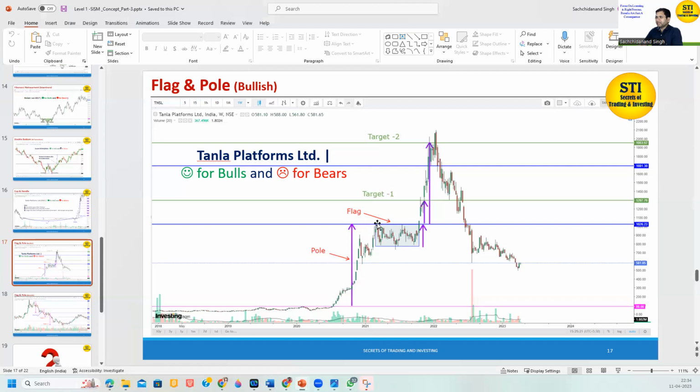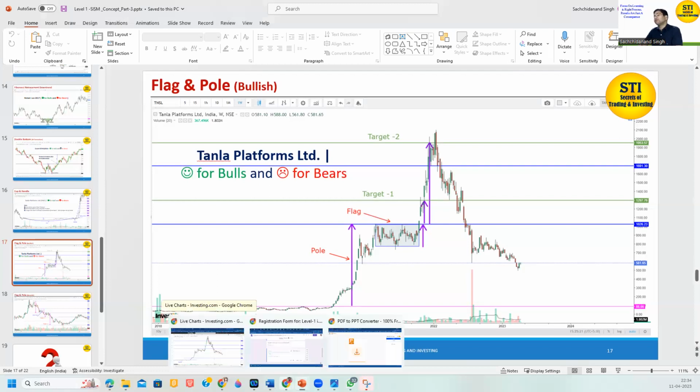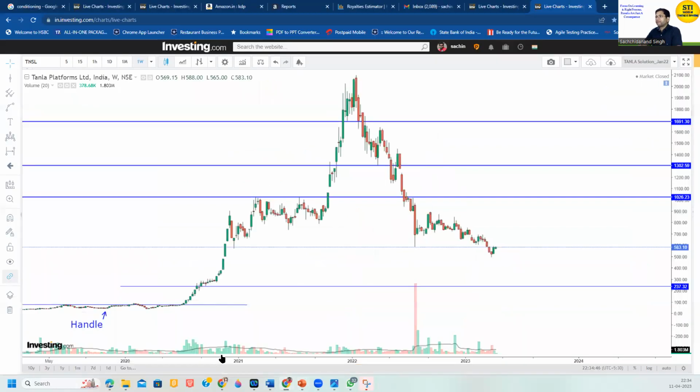In this example, before this flag formation happened, the price was moving in an up direction. That means once the flag formation ends, the chart is going to move up again. That is why it is called a continuation. Whatever the previous pattern, it is going to follow a similar pattern.